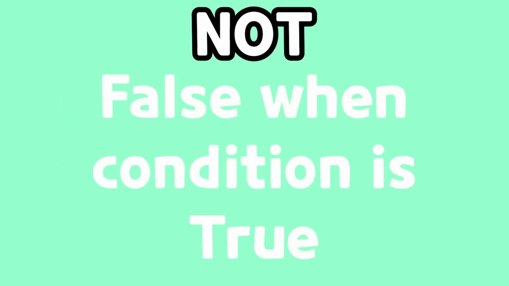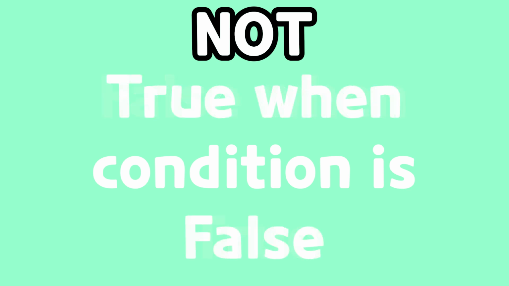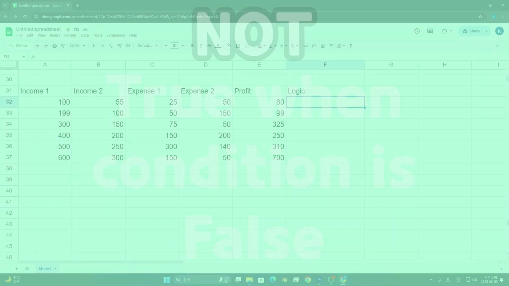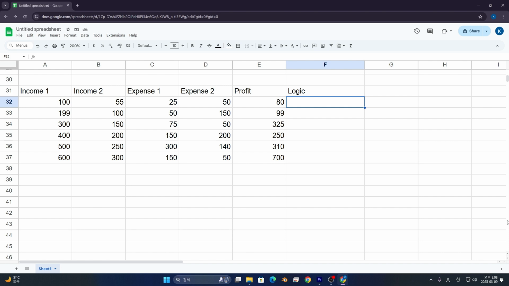For NOT, if the condition is true, correct, it will be marked false. And if the condition is false or wrong, it will be marked as true, so opposite. Logic functions help make decisions based on data conditions and are widely used in data validation and conditional calculations.